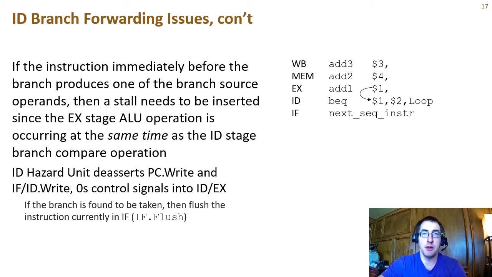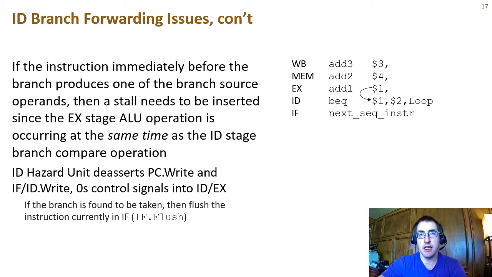So in this example, add1 is going to write its result to $1. The branch instruction needs the value $1 for its comparison. Well, when add1 is in the execute stage, $1's value is unknown. And so we have to wait until that add1 finishes before we can forward it to the ID stage.